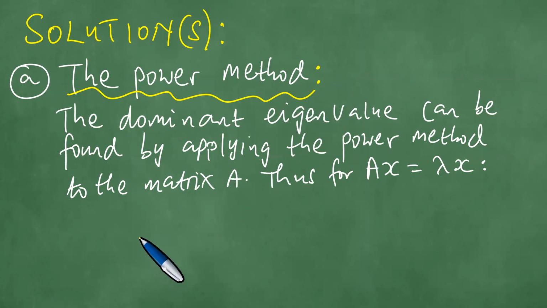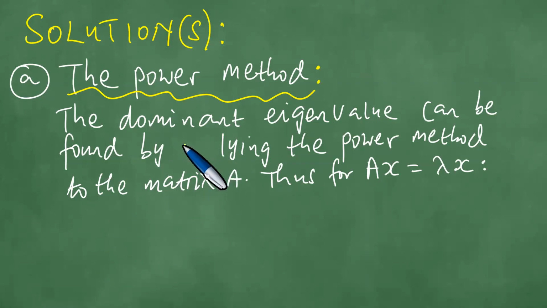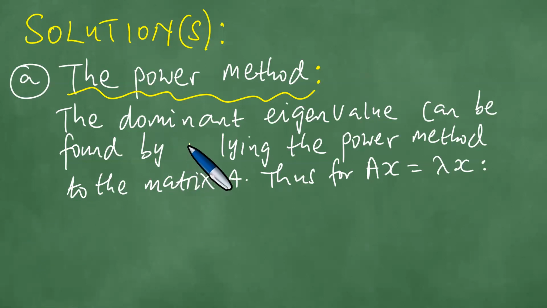The dominant eigenvalue can be found by applying the power method. So we're using the power method. Just forgive me, I'm not picking the right color.